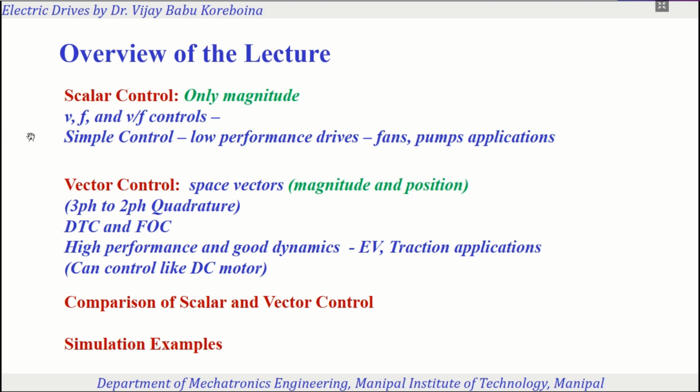Vector control is suitable for high performance and good dynamics applications, such as EV and traction. Torque can be controlled similar to a DC motor, where torque is related to flux and current. In this case, it will be vector flux and vector current. That's what we are seeing in vector control.